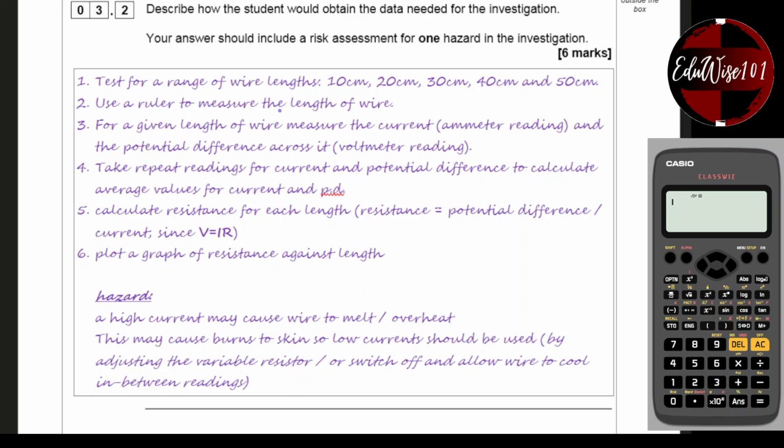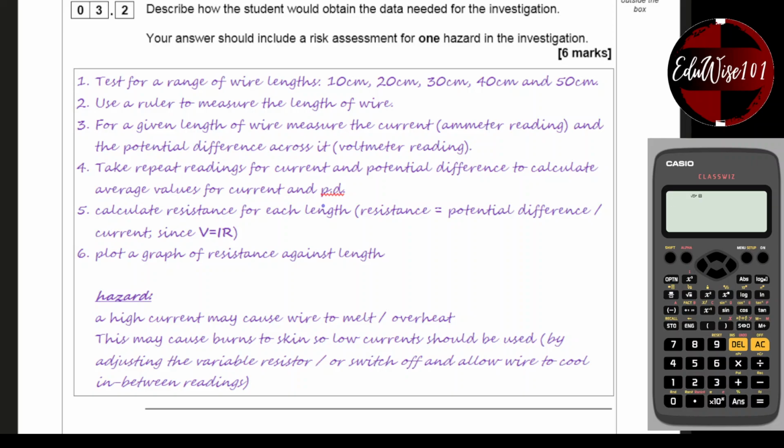Use a ruler to measure the length of the wire. For a given length of wire, measure the current, which is the ammeter reading, and the potential difference across it, which is the voltmeter reading. Take repeat readings for current and potential difference to calculate average values for current and PD values.